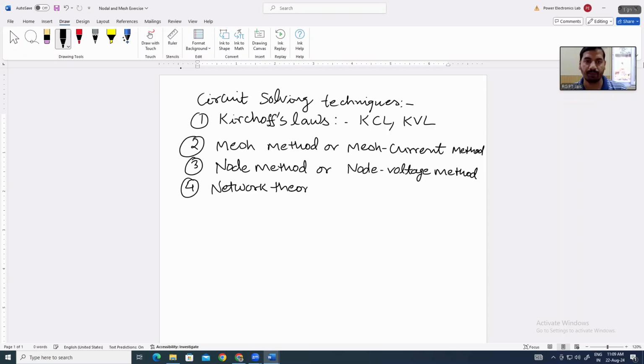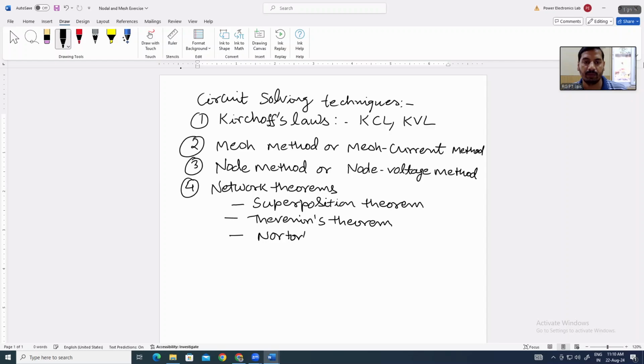In those network theorems, firstly we have to see the superposition theorem. Then Thevenin's theorem. Then Norton's theorem. After that, maximum power transfer theorem.